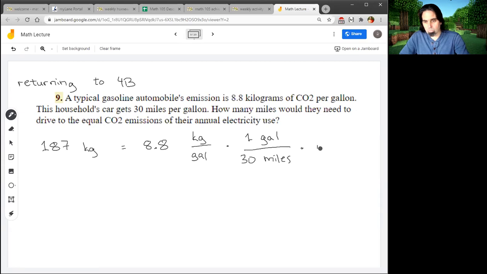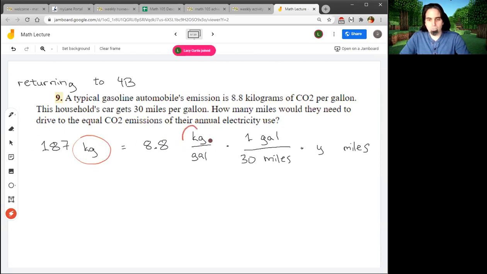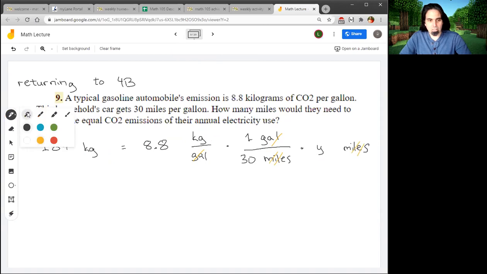And then we're going to multiply by some number of miles. Then the gallons will stick around. That's what we want. Gallons or kilograms, the kilograms will stick around. That's what we want, kilograms. The gallons will cancel. The miles will cancel. Everything will be nice.